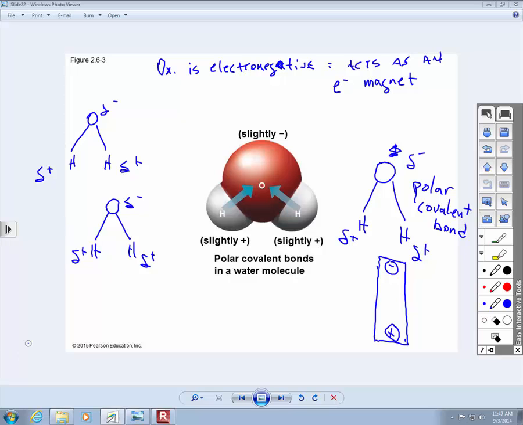It's like two bar magnets. I get an attraction of the positive end of one water molecule to the negative end, which would be the oxygen end, of the second water molecule. There is a small, very weak attraction. They hold together. And that gives the water some very unique properties.